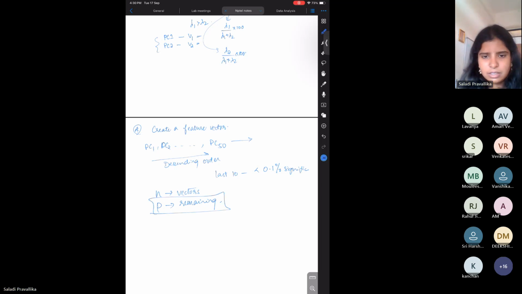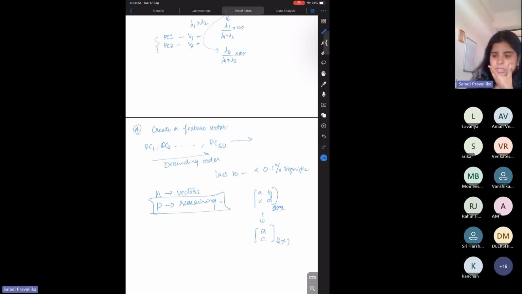Is that clear? It's basically like if I have A, B, C, D, this is my n cross n. Now I'll keep only 2 of them, maybe A and C. So this is 2 cross 2, and now it becomes 2 cross 1, right? I'm reducing my dimensionality from this to this. This is going to be my feature vector, the one which I want to retain.